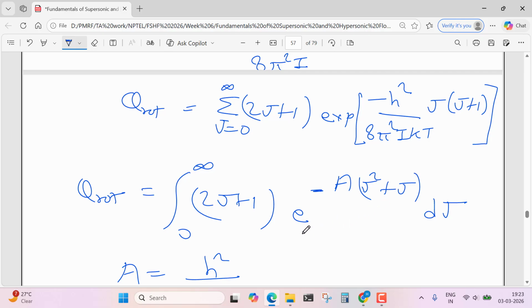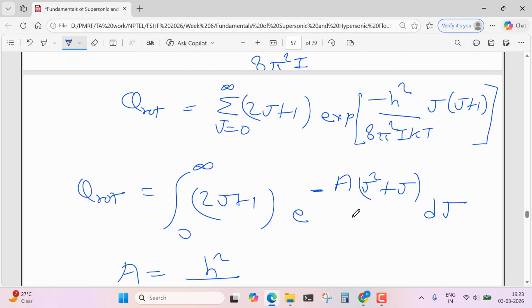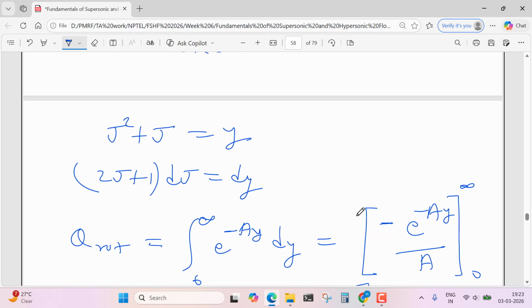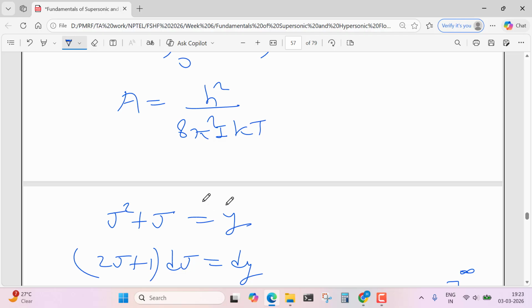So a equals h square upon 8 pi square I kT. So our Q rotational will become integration 0 to infinity 2j plus 1 e to the power minus a into j square plus j. And let's take this j square plus j equal to y. So we'll get 2j plus 1 dj equal to dy.